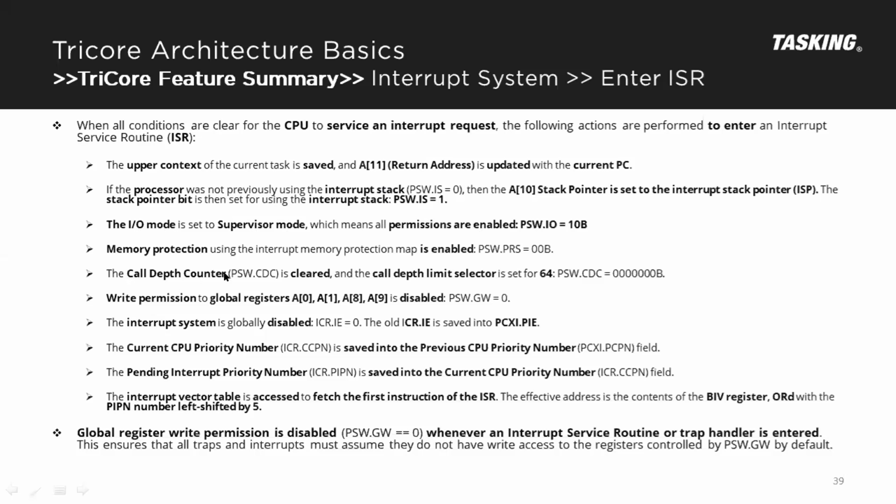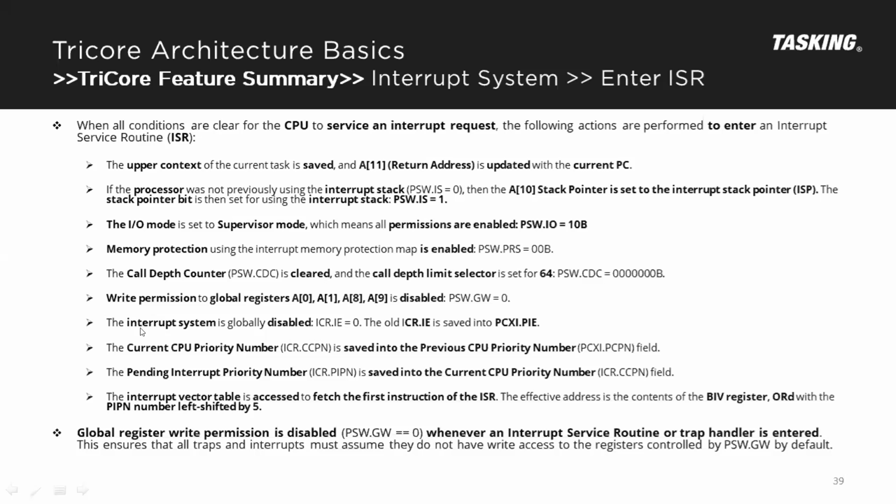The call depth counter is cleared, so we start counting from the beginning, and the limit for this counter will be 64. The write permission to the global registers will be disabled, so please take care: if you want to handle the interrupt service routine, make sure you don't write to any of these, because you cannot.